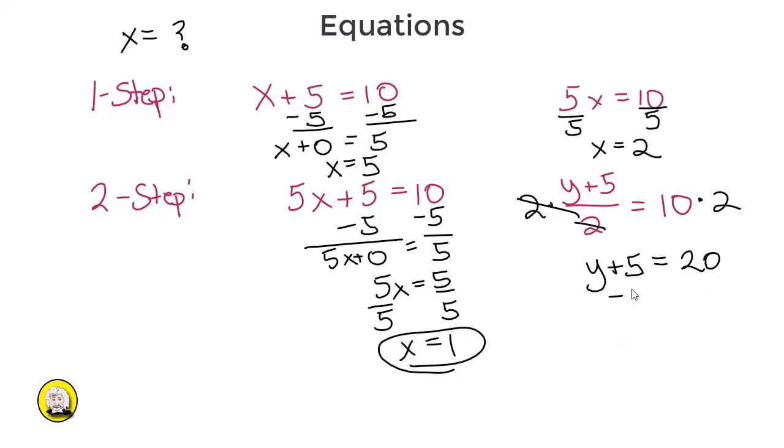And now my second step, I'll subtract out the 5, that constant value on the same side as my variable, but I have to do that on the other side of the equation as well. And the result is 5 minus 5 is 0, so I'm just left with y on the left side, and 20 minus 5 equals 15. And I solved this equation in 2 steps, y equals 15.